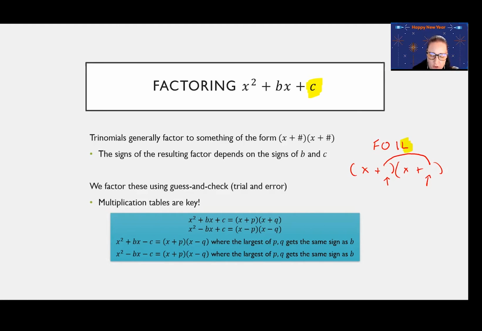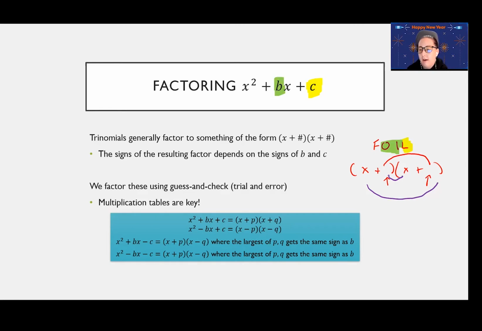And then let me just switch colors here. If you multiplied your inside and your outside, that is what gave you your middle term when you were multiplying it out. So those gave you the O and the I, and that is what gave you your middle term.